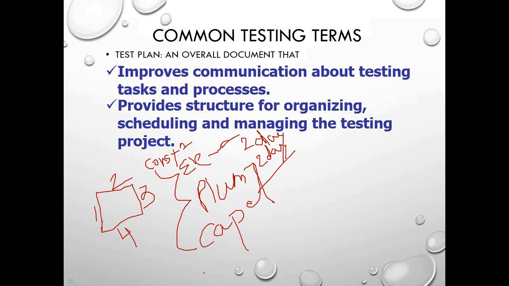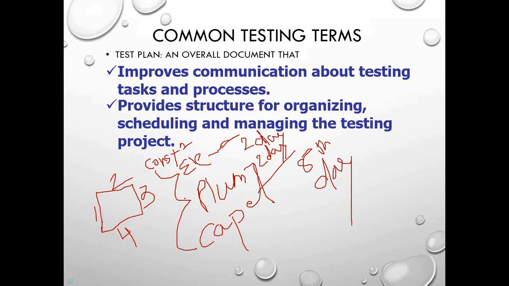So again, there is a 2 day lag. On the other hand, the carpet guy can only start when these all are done. So let's assume this is a 4 day, 5th day, 6th day, 7th, 8th. So the carpet guy can only start from the 8th day. So this is what? This is scheduling.